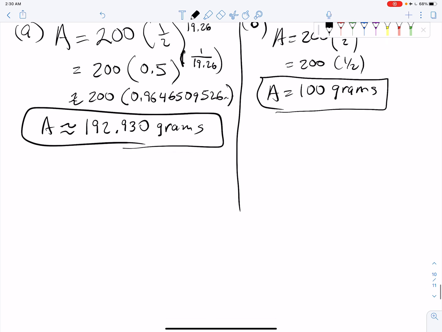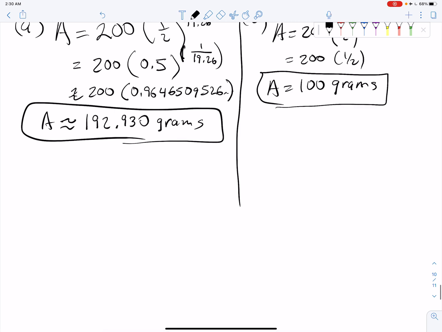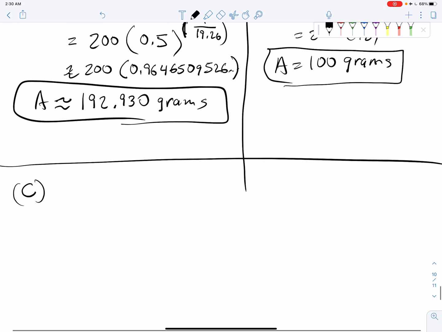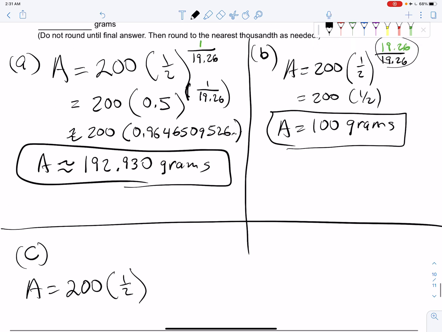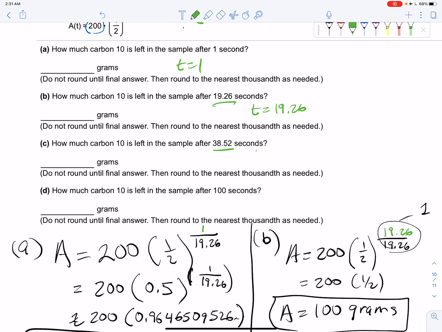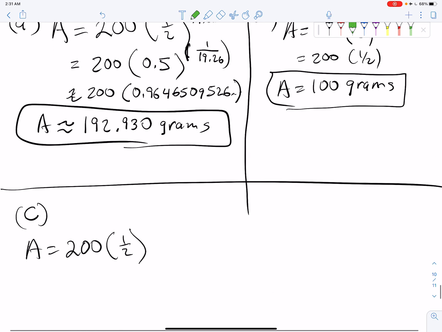Now let's work our way down to part C. Once again, the formula: amount equals 200 grams starting amount, half-life, and what was the time frame on part C? They're saying t equals 38.52 seconds. That's exactly double the half-life time, so you know what's going to happen there.